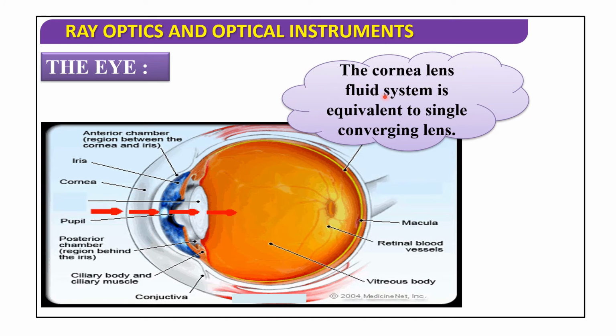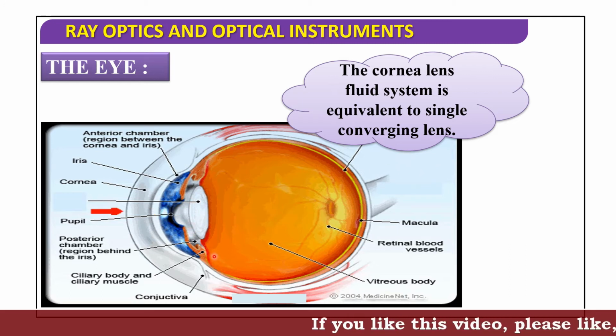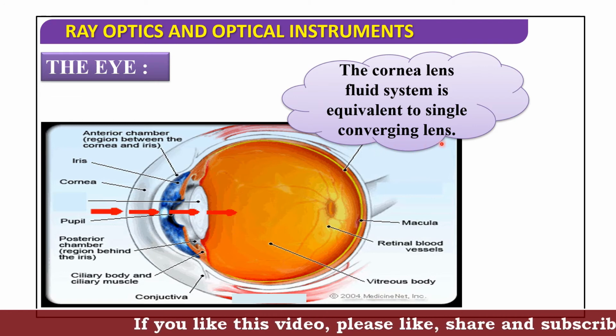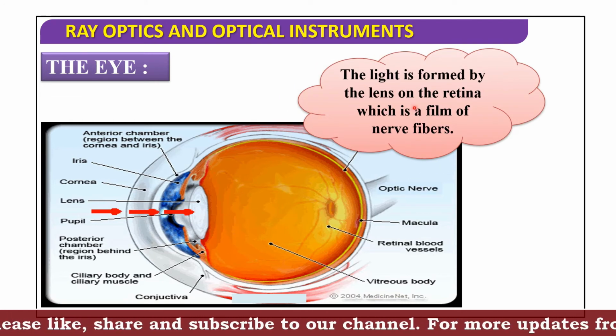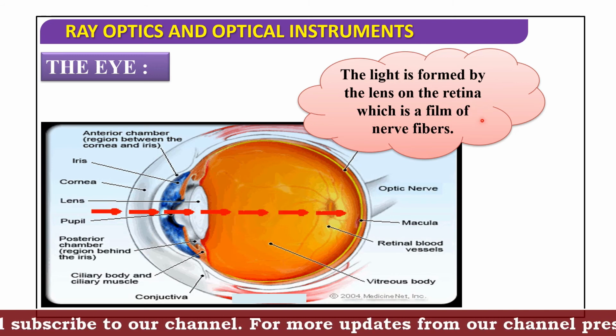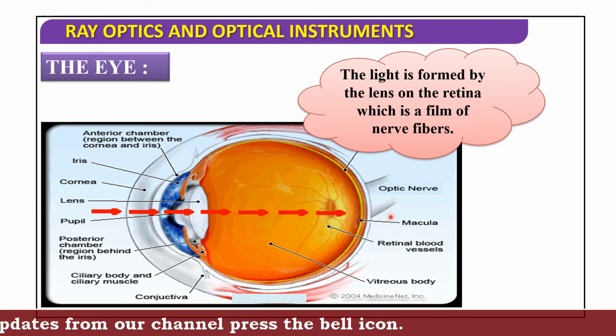The corneal lens fluid system is equivalent to a single converging lens, that is a convex lens. The light is focused by the lens on the retina, which is a film of nerve fibers. So the image falls on the retina.